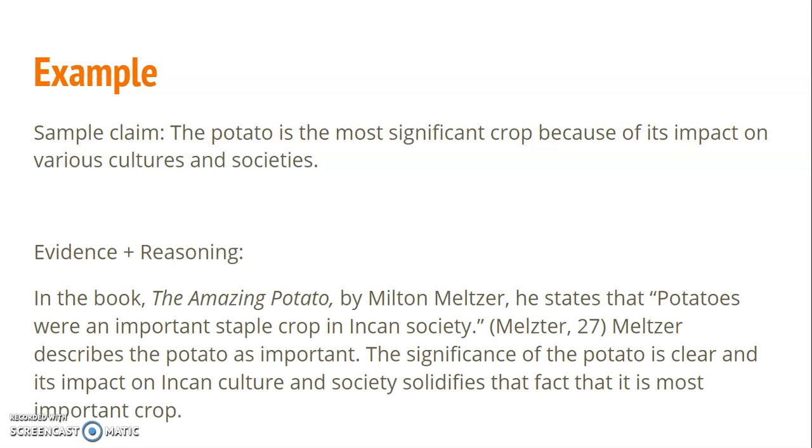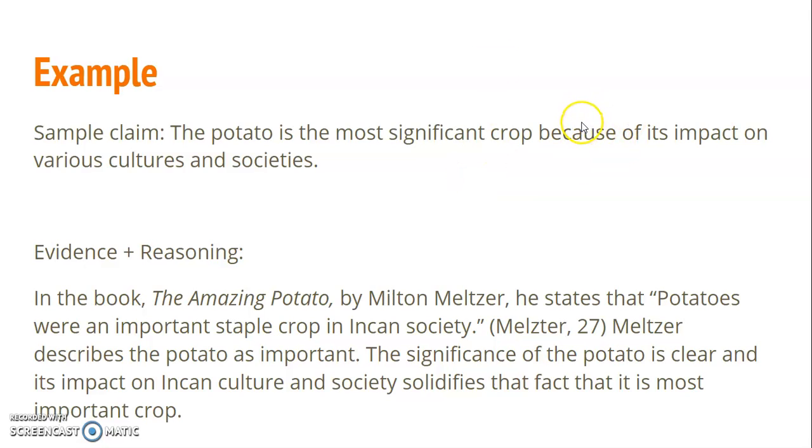So here's an example. Here's my sample claim. If you remember, I'm doing my project about indigenous foods. I decided on the potato, and here is my claim from my essay: The potato is the most significant crop because of its impact on various cultures and society. If we remember from writing our claims, this first part is the statement, or the topic: the potato is the most significant crop.